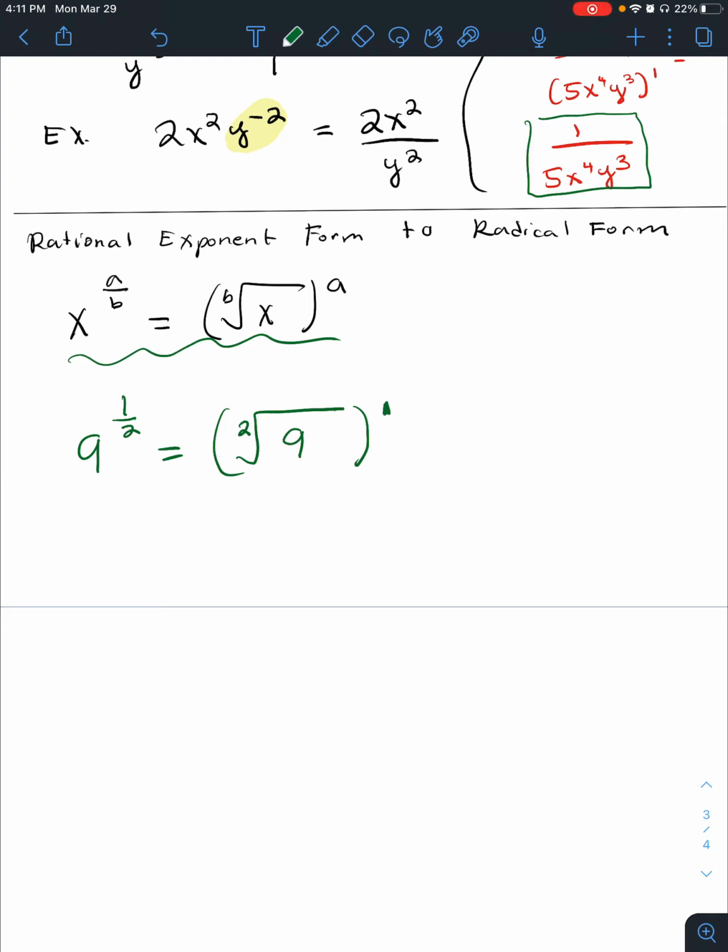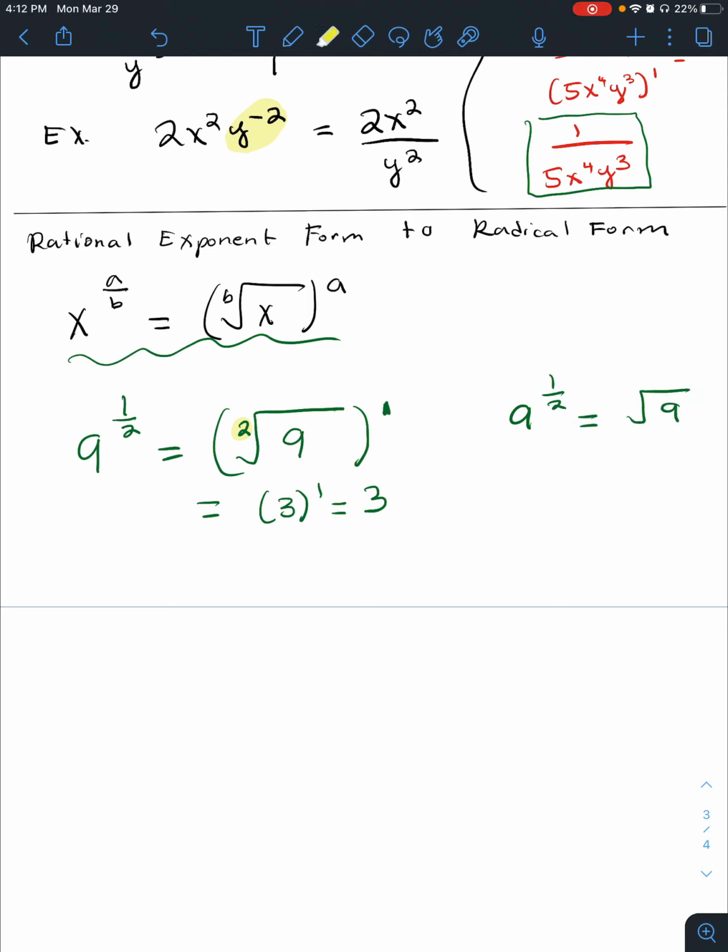The square root asks, what same two numbers multiply to give you 9? Well, that's 3. And 3 to the power of 1 is 3. So 9 to the power of a half is saying the same thing as the square root of 9.